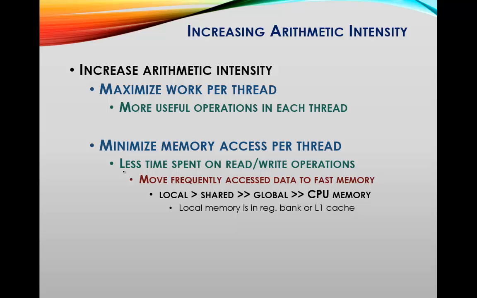It's best to spend very little time on read and write operations. And it's obvious because the speed of our memory is, in orders of magnitude actually, slower than the speed of our processors. So what we want to do is take the data that we want to work with from the memory units that are slower to memory units that are faster.